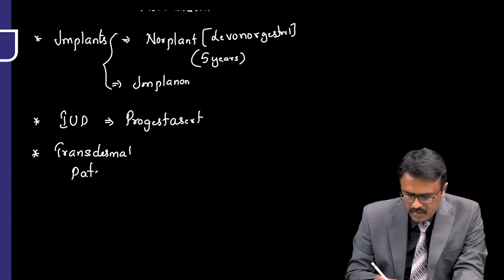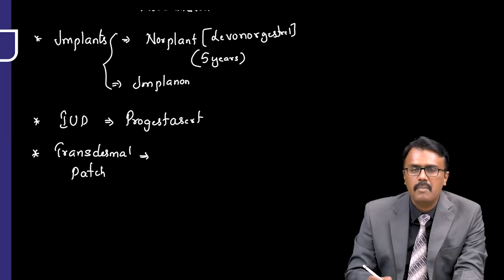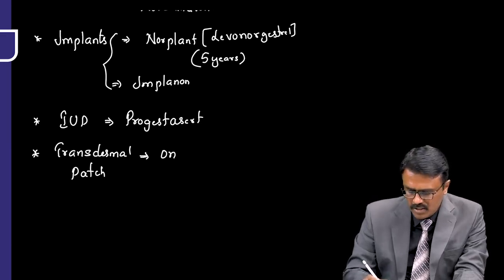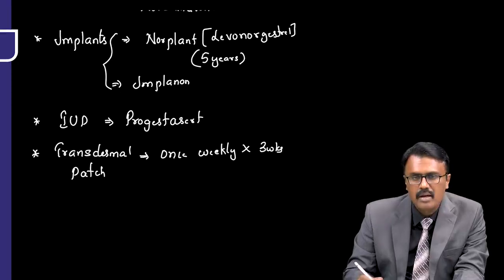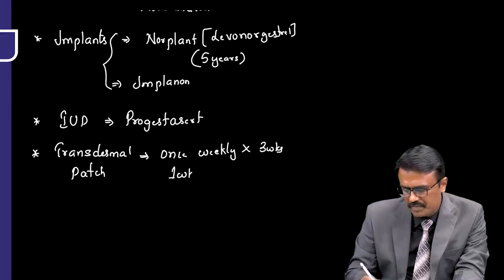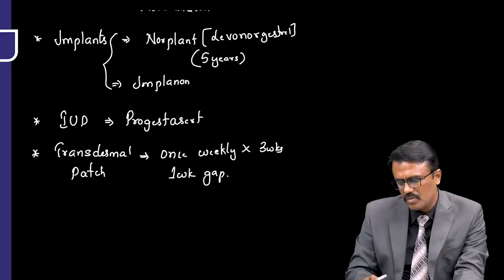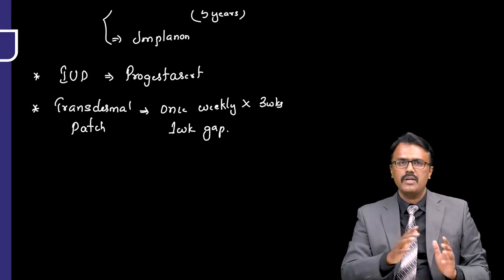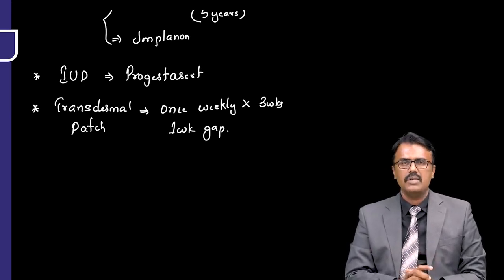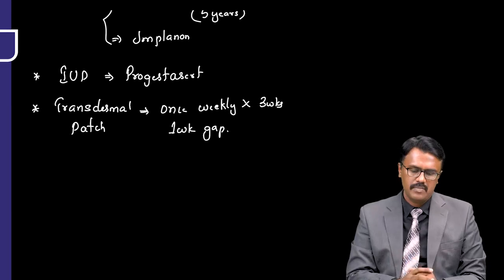These patches are applied once weekly for 3 weeks, and we give a 1 week gap, because we know the cycle is 28 days. So 3 weeks we give it, and 1 week we give the gap. So these are the different ways of giving contraceptives.